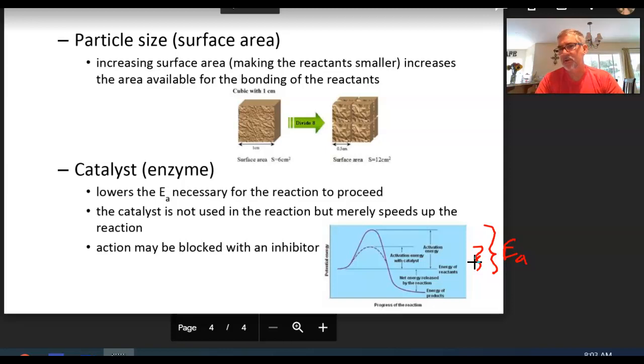So it allows the reaction to occur at a lower energy. And that's called a catalyst.